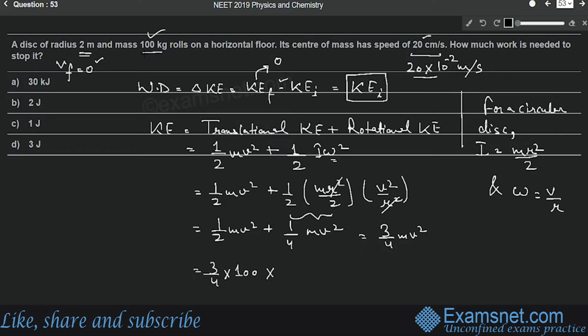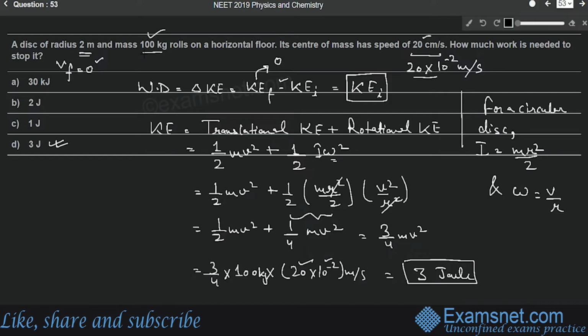We'll write in meter, therefore it will be 20 into 10 to the power minus 2 meter per second, and mass in kg. Now this will be 400 and this will be 10 to the power minus 4. On solving this, what will we get? We'll get 3, and the unit will be joule for work. So 3 joule of work will be required to stop this. So option D will be the correct answer.